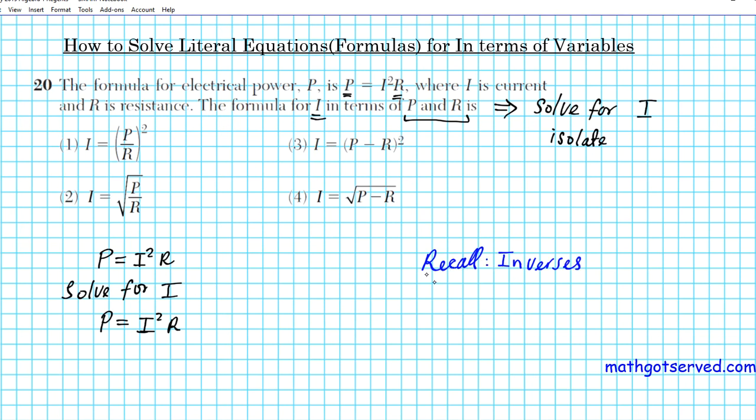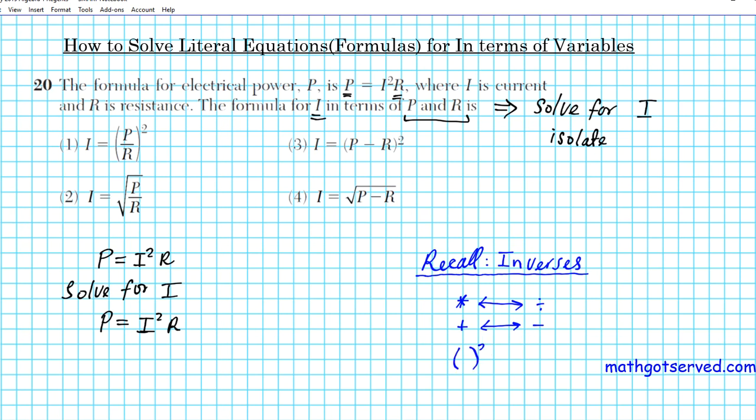If you want to isolate a variable, you have to break its relationship with other variables or constants around it. So you need to use the appropriate inverse operation to undo the existing operation that you have. For example, if you have multiply, what can undo multiplication? The inverse or opposite of multiplication is division. How about addition? If you want to undo addition, you use subtraction, and vice versa. To undo subtraction, you add.